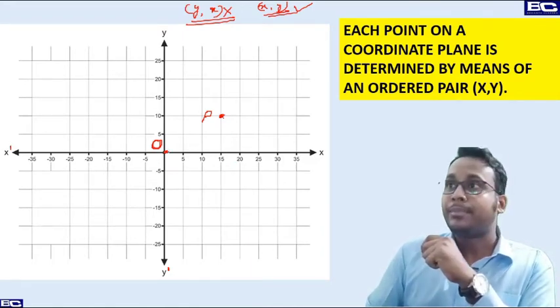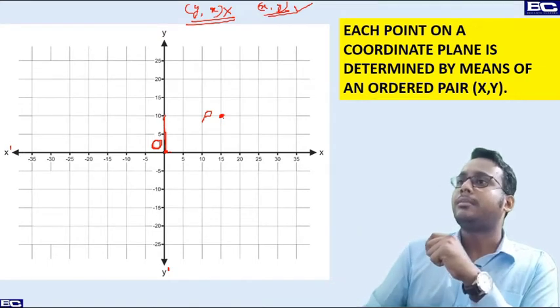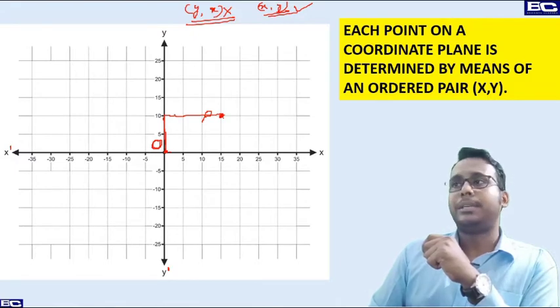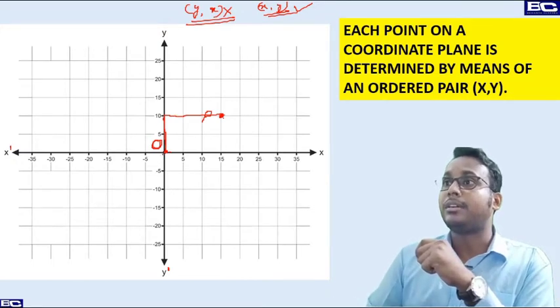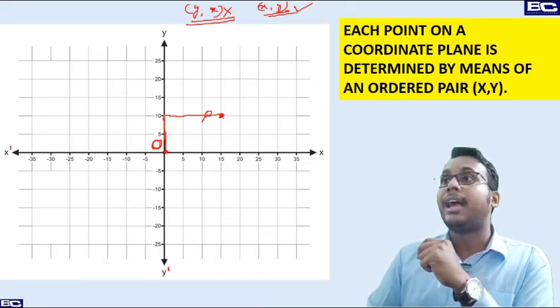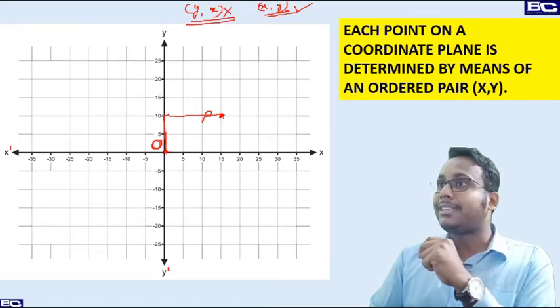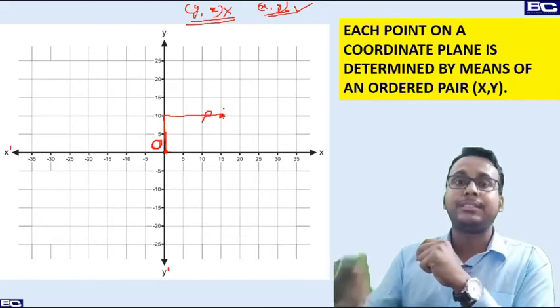How can you reach point P? You can say, sir, I will walk along this part up to 10 centimeters or whatever, and then I can reach P. This is the path I can create. Always remember, the starting point is the origin. I start from the origin and go up to 10, and then I can go along the x-axis, because this line is parallel to the x-axis, up to 15, and then I reach point P. This is my path.